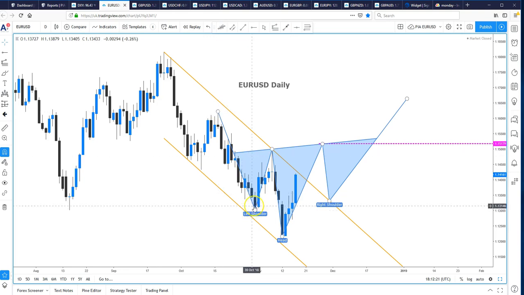So basically the left shoulder coming down to form the head, and then an impulse move to the upside, perhaps stalling at our bespoke resistance, and then coming down and hitting this reverse trendline support to actually form a right shoulder. For a medium term call, we really would look to buy on the potential correction or the dip lower before we look to take extended longs to the upside.